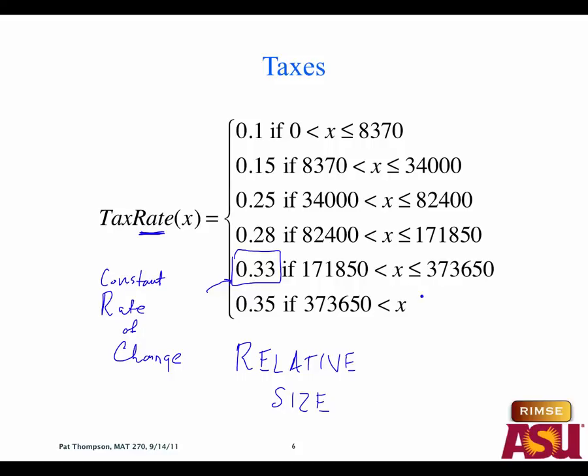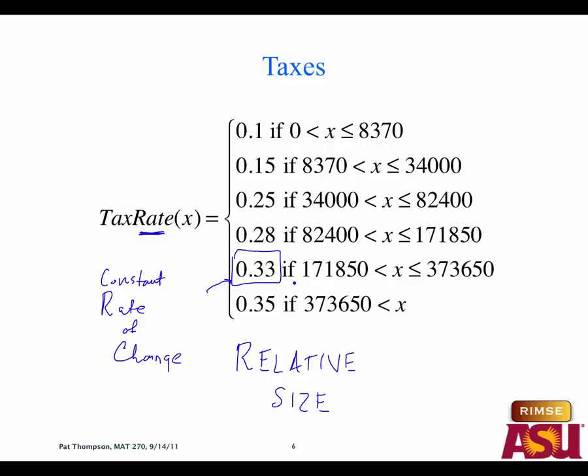So if we're making, say, 35,000 in this bracket, do we pay 33% on all 35,000? No. If I made $35,000, then for which amount of money is that 33% referring to? Okay, so yes, we owe 33% for everything greater than, wow, six figures.